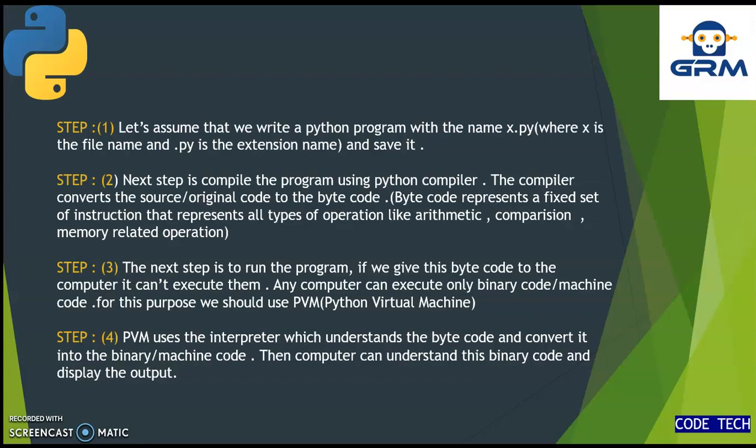This compiler also converts the bytecode into machine code, but faster than the interpreter. This compiler is called JIT. What is JIT? JIT means just-in-time compiler. It is added to many flavors of Python. I will discuss it in the video on flavors of Python, so don't worry.